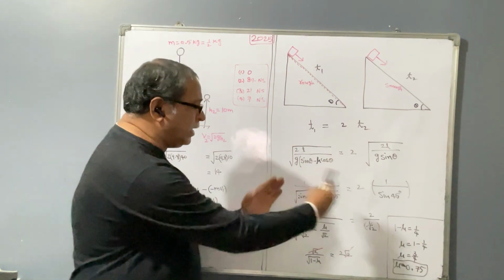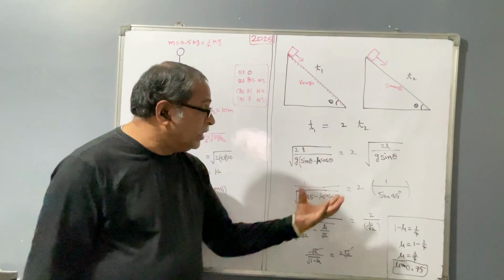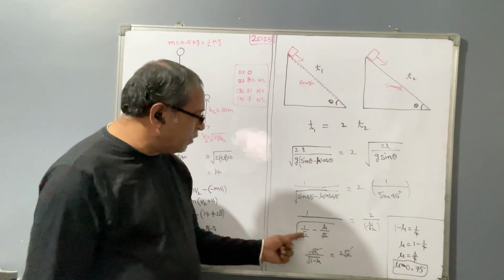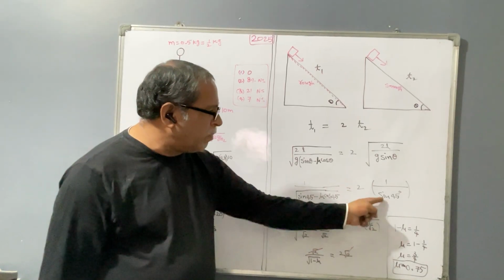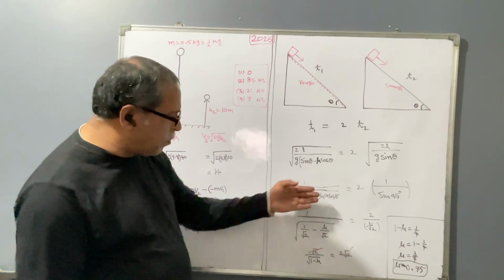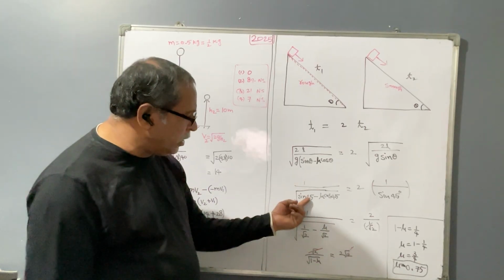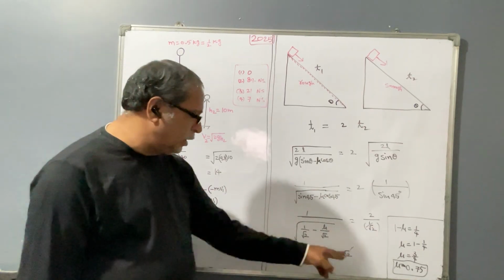Then I substituted theta equals 45 degrees in this formula, so sin 45 and cos 45 are 1 by root 2, and mu by root 2. Root 2 is common, it goes to the top, and we get root of 1 minus mu. Root 2 gets cancelled.